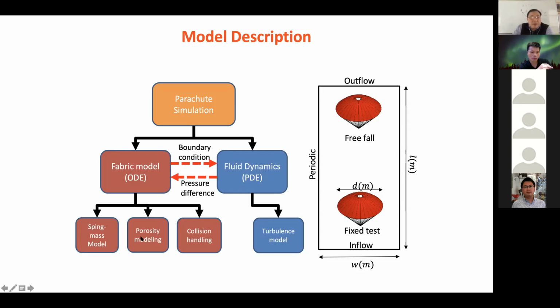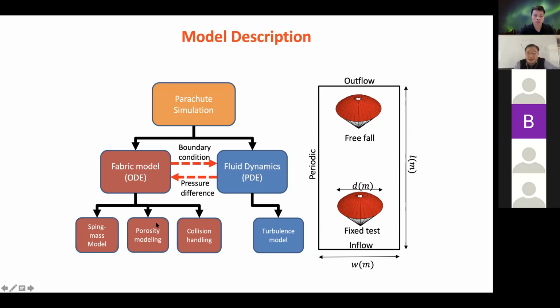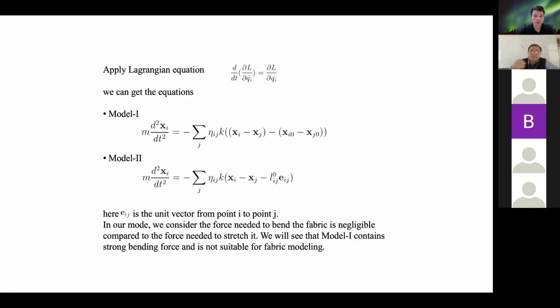And we have the spring mass model. We need to have the porosity modeling, and we also need to have collision handling. And so we will try to describe each of these modules as much as we can given the time slot of this colloquium.